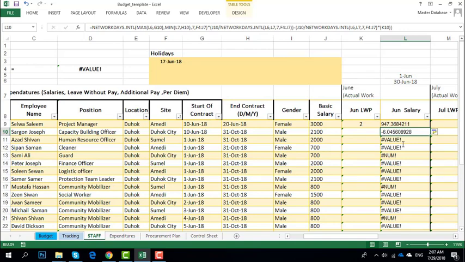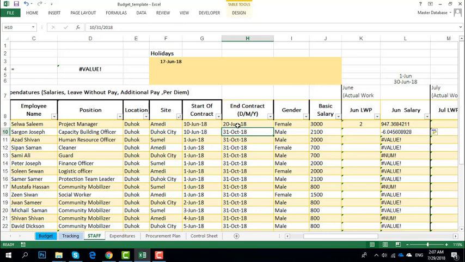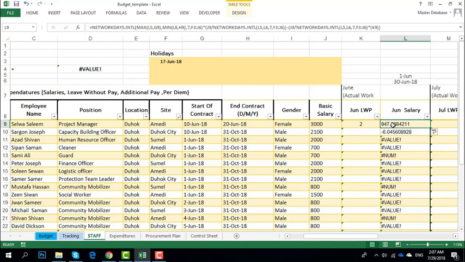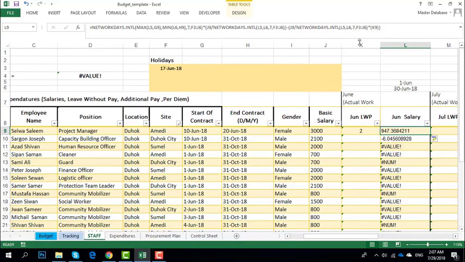That's her salary, because she had 2 leave days. There was a day of holiday, and she started work on the 10th, and she left on the 20th. That is the meaning of this formula. Still, we have something to say about this formula.